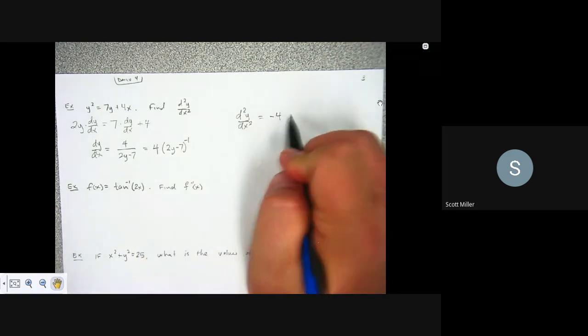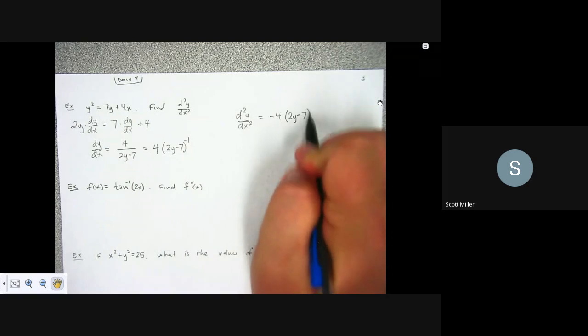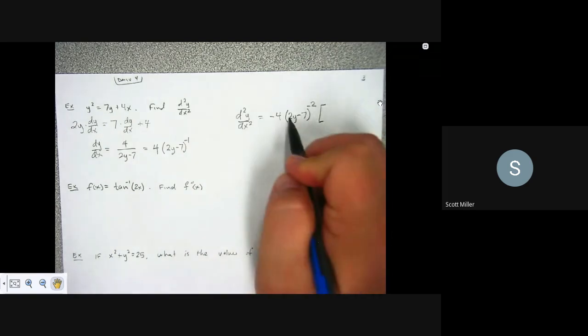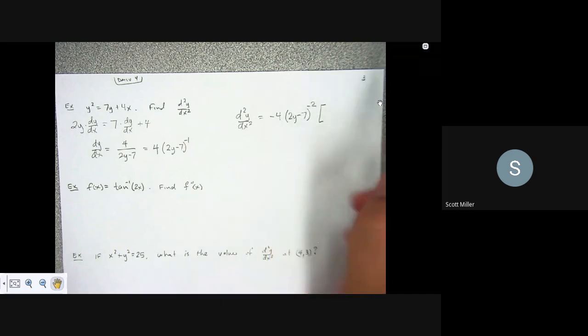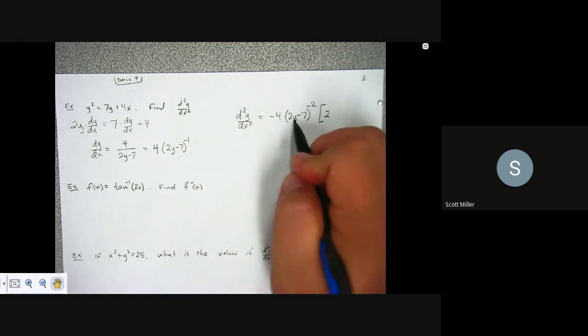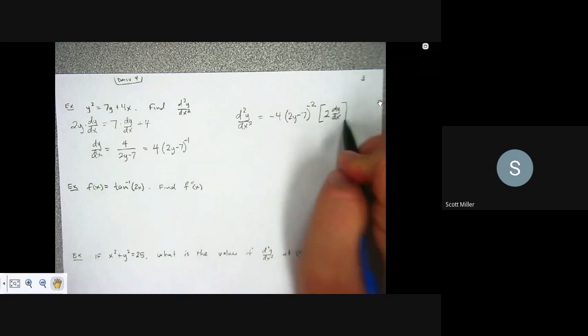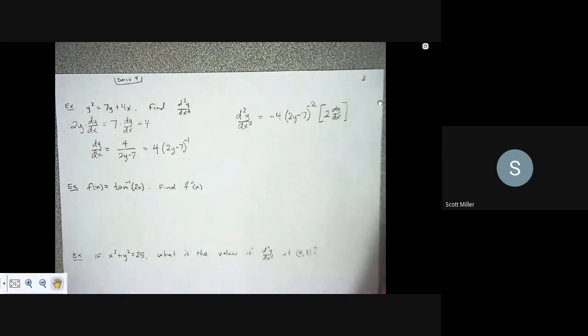And so now I do this. Multiply out in front, so I get a negative 4. Take the quantity, lower the power by 1, times, chain rule, the derivative on the inside, which is 2, be careful, dy dx. That's what you've got to be very careful on.